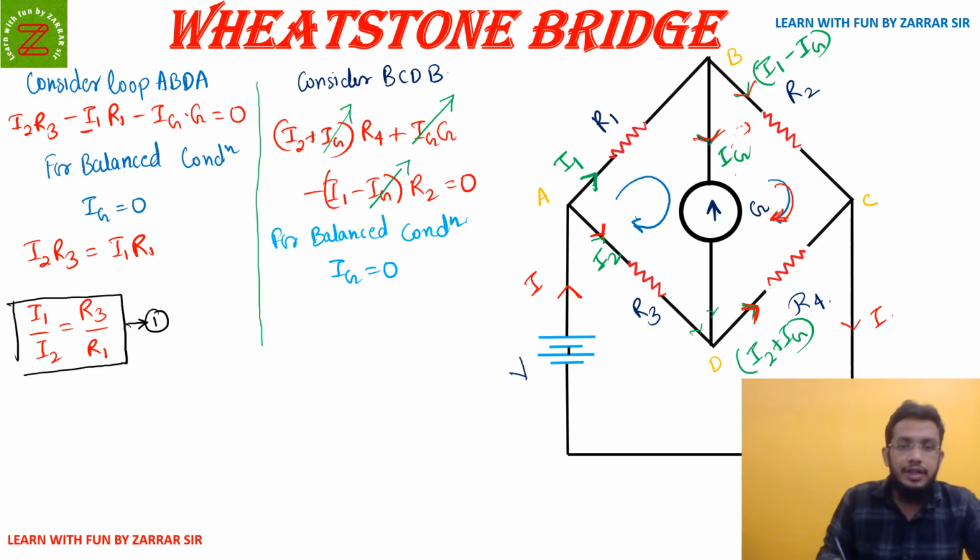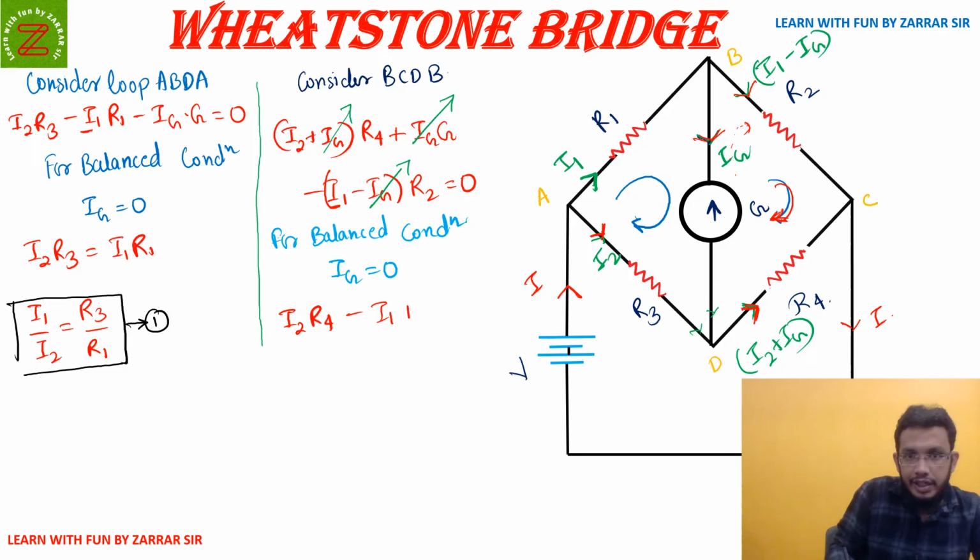And what is the remaining part is I2 R4, minus I1 R2, because this term is gone, and this is remaining I1 R2. So it is I2 R4 minus I1 R2 is equal to 0. Now if I move this negative term to that side, it becomes positive. So can I write I2 R4 equal to I1 R2?